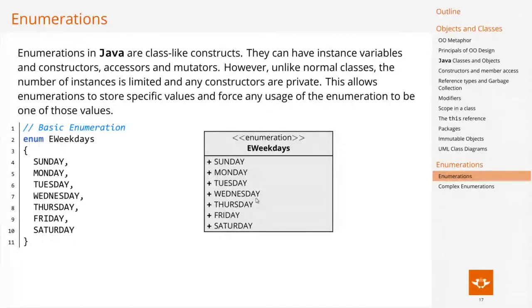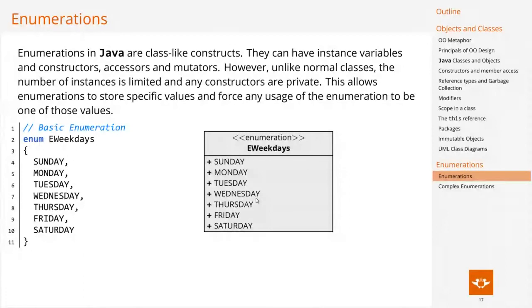So when we create an instance of, for example, here, EWorkday, and you notice there's an E in front, that's a convention, E for enums. So weekdays. So those are the only values allowed for any variable of that type. We cannot assign, for example, 10 to this reference type, or even a student class. We cannot assign that. It can only be one of those values.